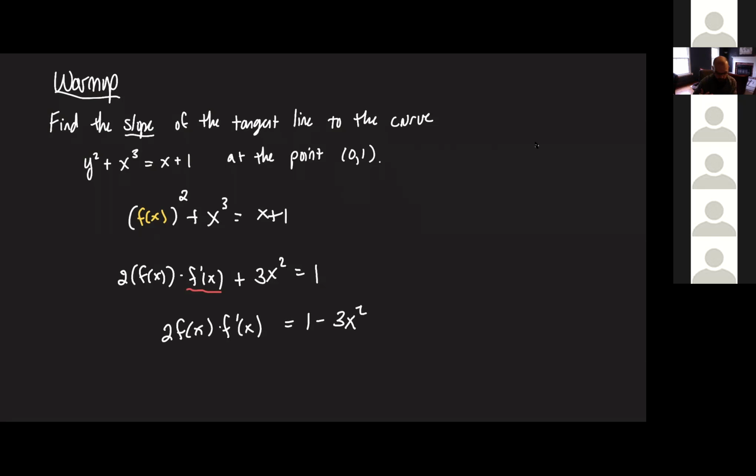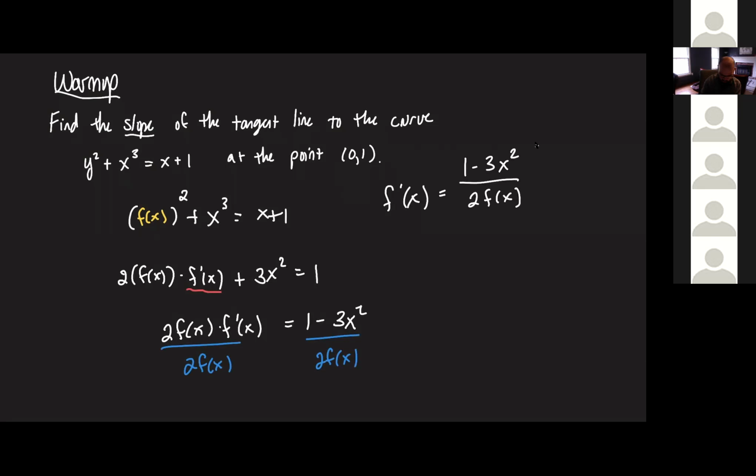In this case, there's only one f prime, so I don't have to do any factoring. And so we get f prime of x is equal to 1 minus 3x squared divided by 2 f of x, right? So what I'm doing is dividing both sides of this equation by 2 f of x.